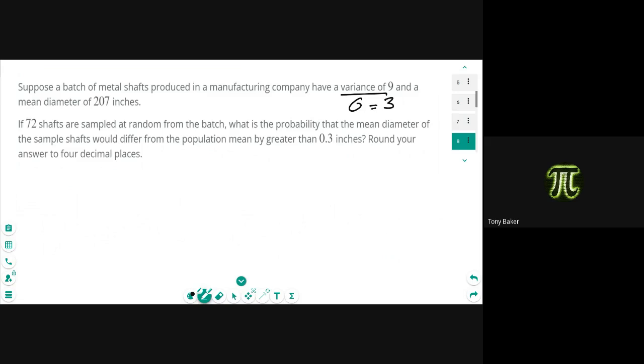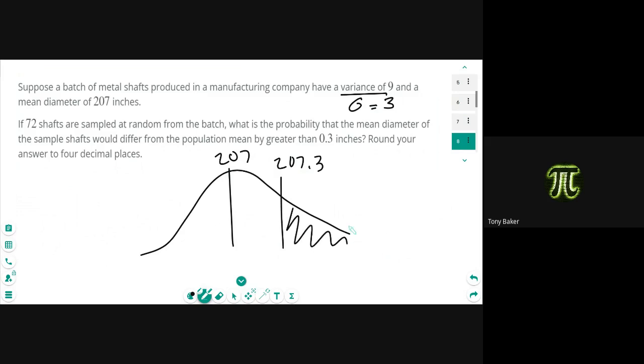Right, so our mean is 207, and we're going up to 207.3. So we want the percent that's over here, correct? Okay. So I need to know what the Z number for that one is, basically, to be able to figure out that percent.